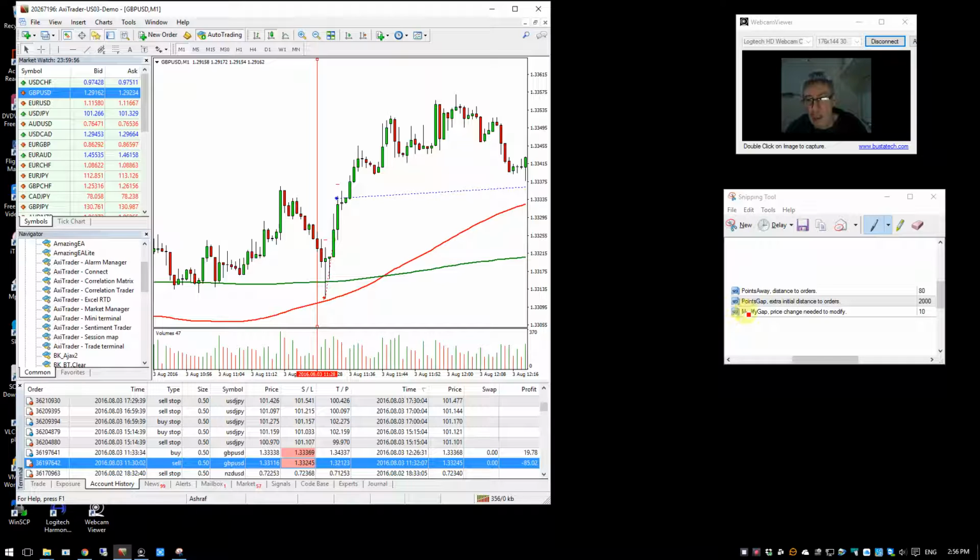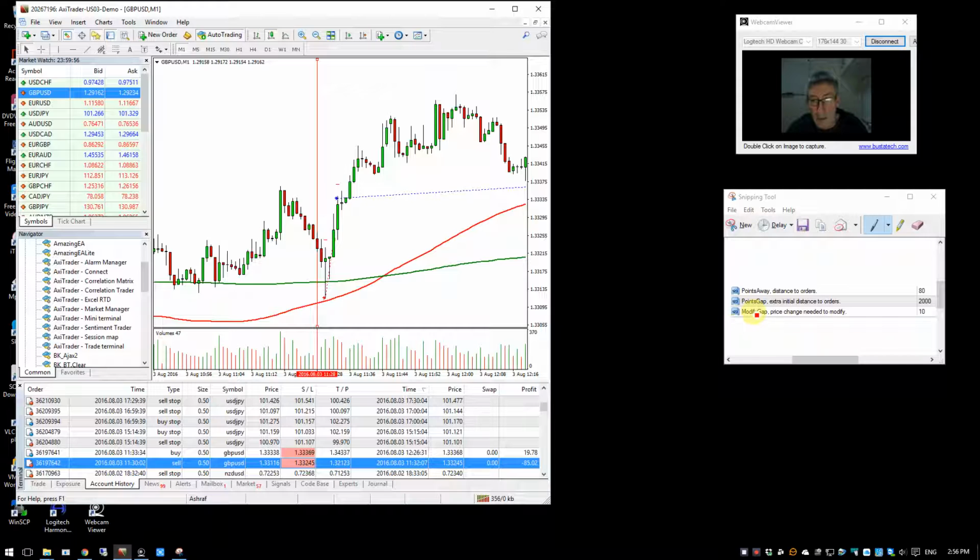Okay, lastly, ModifyGap. This I set up when I realized that on 5-digit brokers now, you've got very small price increments. And when the first version of AmazingEA was written, it was common to have 4-digit brokers where price would have to move 10 points before it was actually thought of as a change in price.